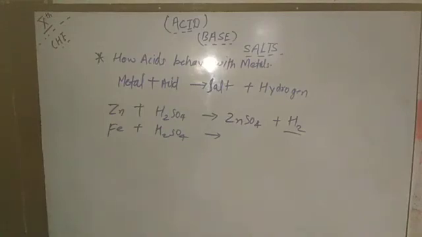Tell me the atomic number of zinc. Then only on the basis of it can we react it with different metals. So let's discuss the reaction of iron with acid. What will we get? FeSO4 plus H2, ferrous sulfate plus hydrogen. Even in that case also, H2.